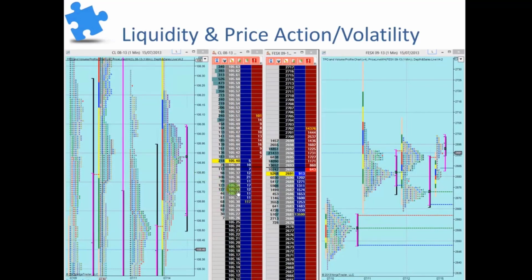So all it takes to know how liquid a market is, to use order flow to predict how liquid that market's going to be and how volatile your market's going to be on any day, is to take a look at the DOM once every 15 minutes. Get a feel for what level of liquidity is typical, and be prepared for the price action to change as the liquidity changes.